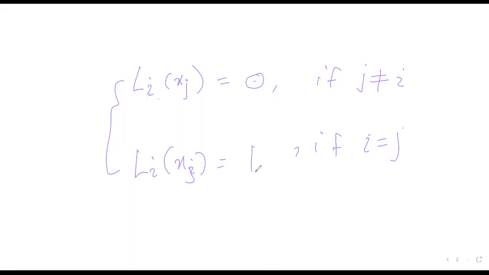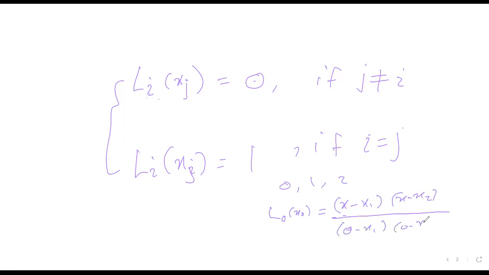Why is it 1? For example, let's say x naught. I don't have an x naught in the numerator now. X minus x1 will be there, x minus x2 will be here. In the denominator, I may have x naught minus x1, x naught minus x2. That is not a problem.